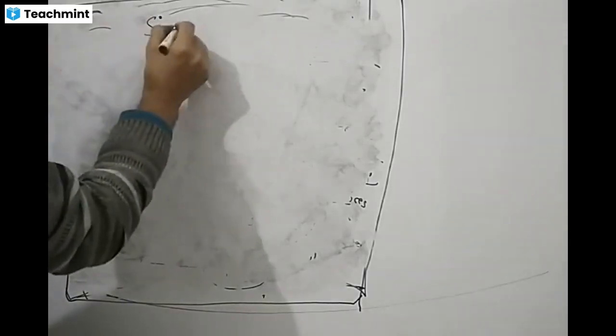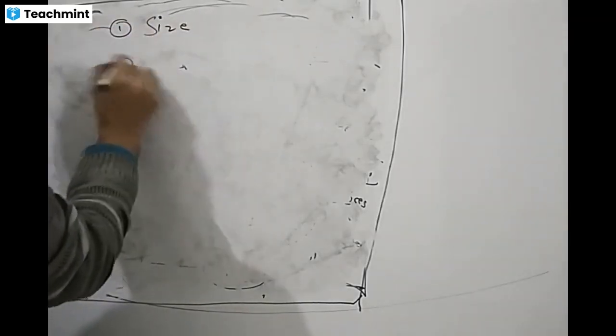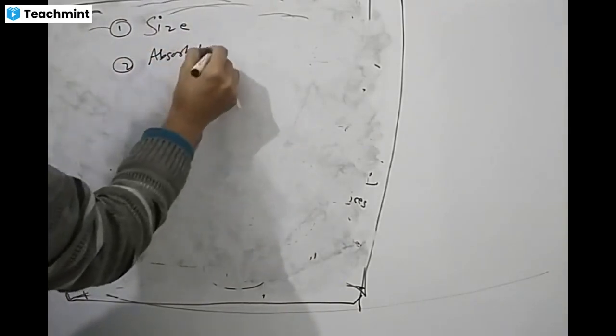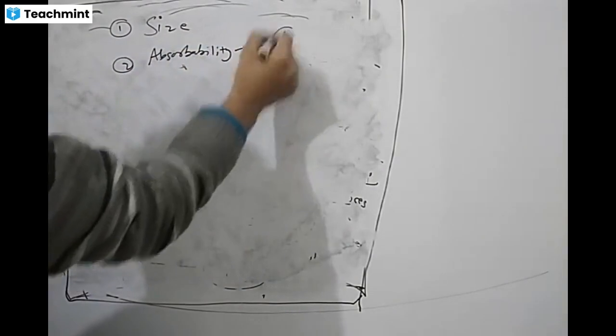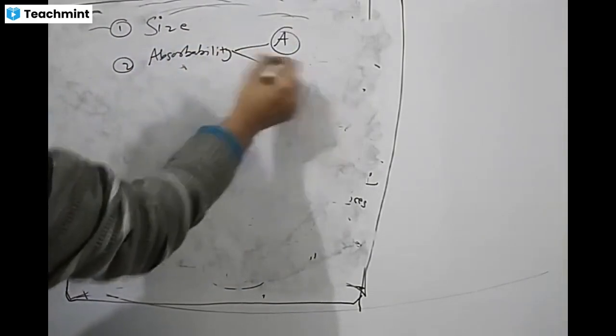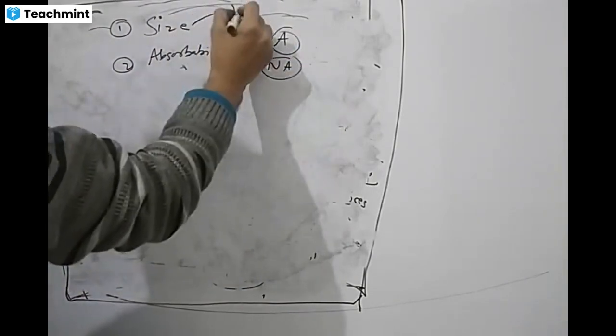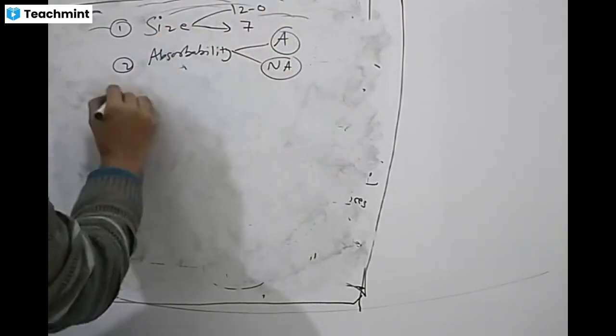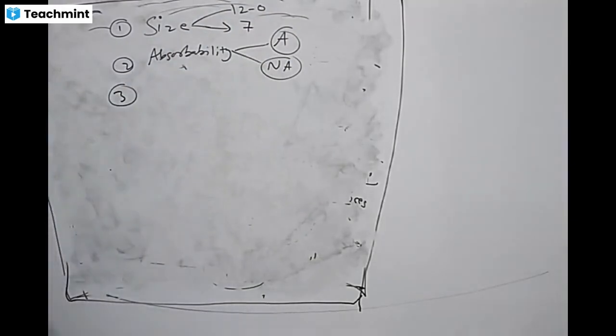So if we summarize the properties, first was size, second was absorbability, which defines that there are some observable and some non-observable. Size was 12-0 to 7.